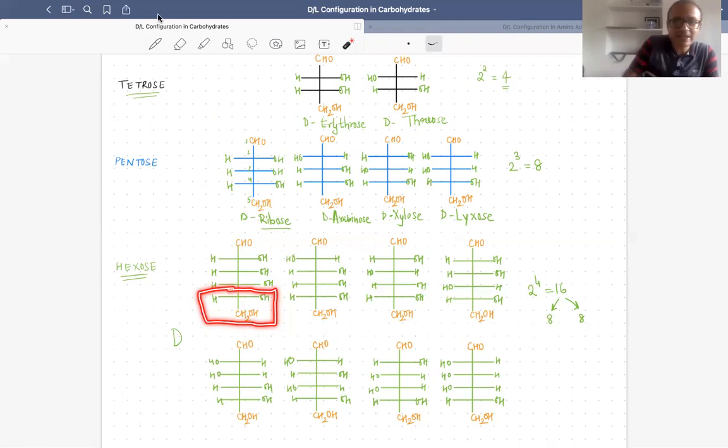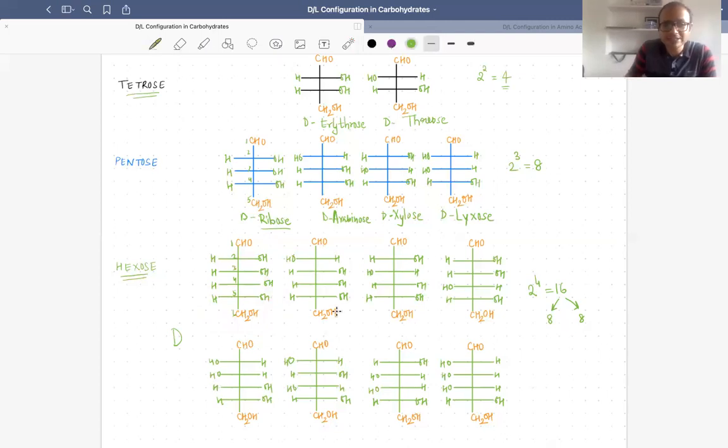Why I'm saying highest numbered, because if you number the carbon chain 1, 2, 3, 4, 5, and 6, the chiral center with the highest number is this chiral center. So this chiral center is going to decide whether it would have a D configuration or an L configuration. What I have drawn just now is all D form. Now we have to identify which is glucose.